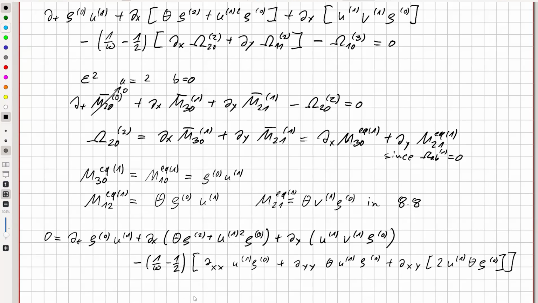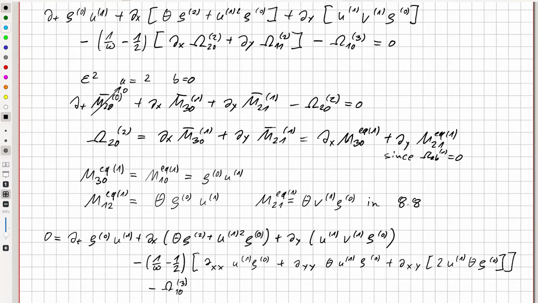So by this I combined everything that went with dx and dx and dy and dy, and also the mixed parts dx and dy. And this ends in having omega 1 0 to the third order, and all of this is equal to 0.